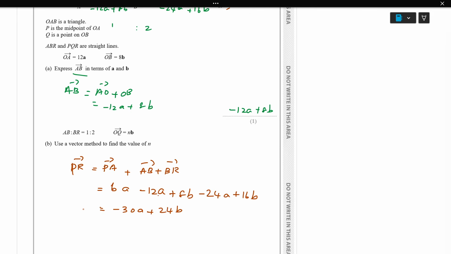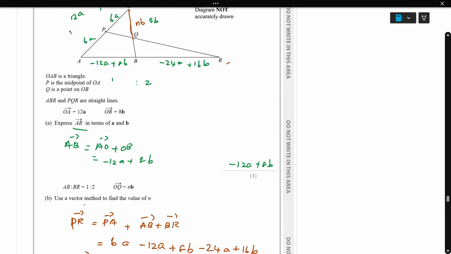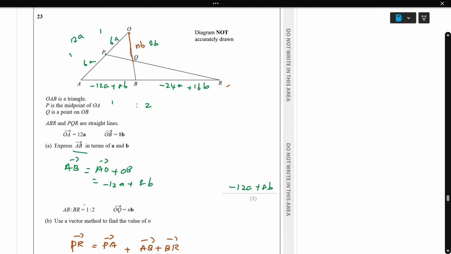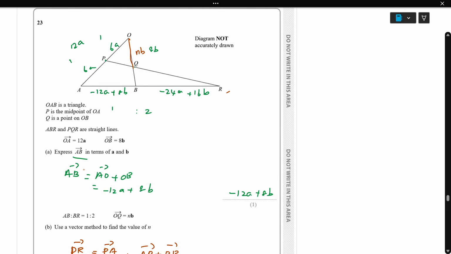So when we add together, we'll get 6A minus 12A become minus 6A, minus 24A, so minus 30A, plus 8B plus 16B, which is 24B. So we got PR.